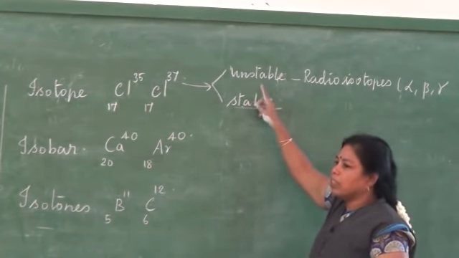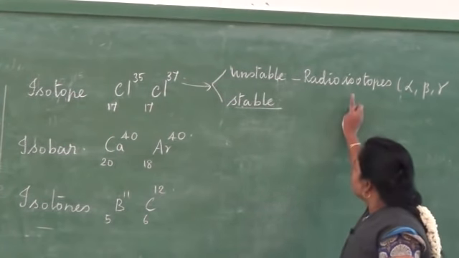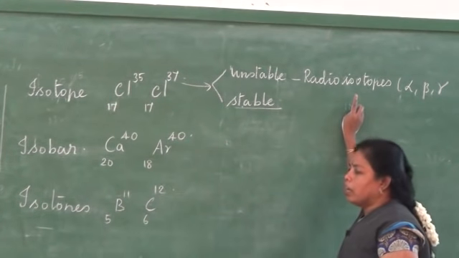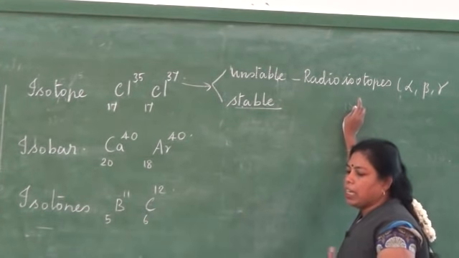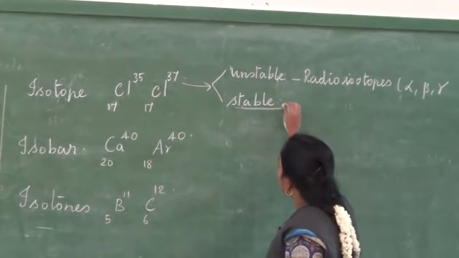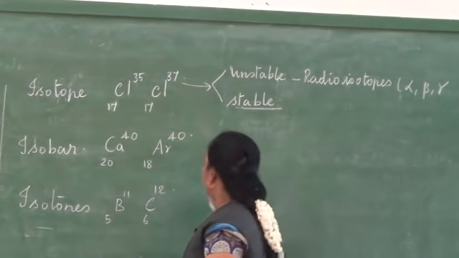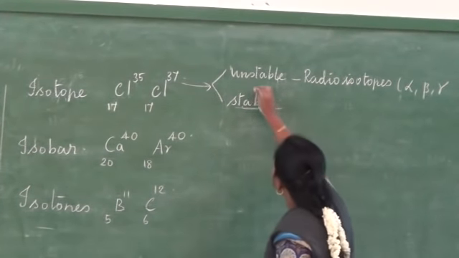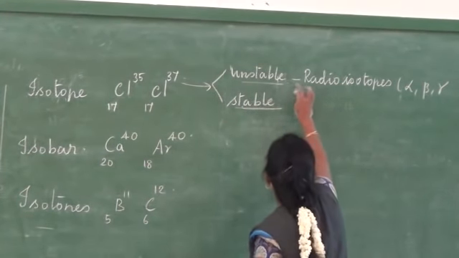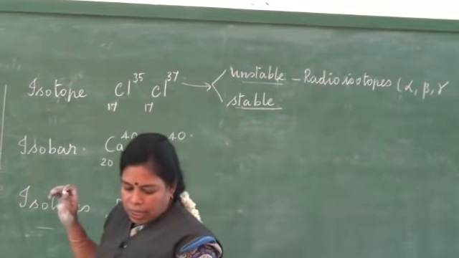They will change their structure often, so they are unstable, since they get the property of radioactivity, that is, emitting radiations from their atom. And stable isotopes will have a stable structure. Radioisotopes are widely used in medicine and other fields also, that we will see later.